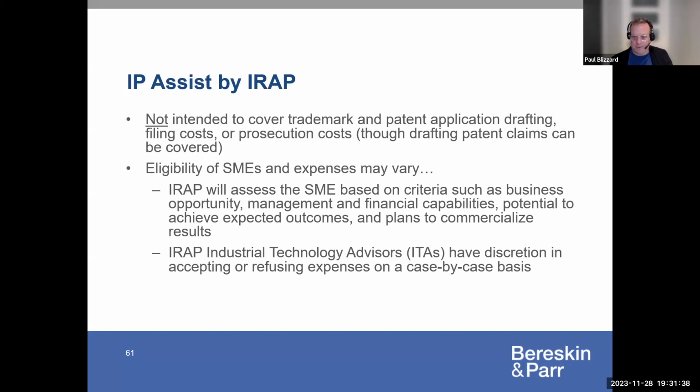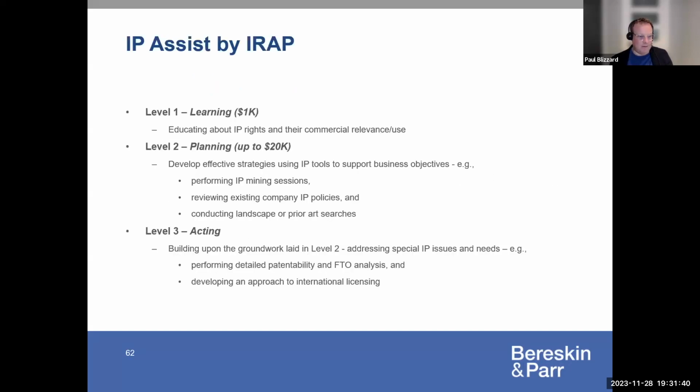There are 3 levels, as I mentioned. I'll leave these in for your reference, but basically you proceed with level 1, where you get a session very much like this session. Level 2 is up to about 20K, and after that, you can get an engagement for level 3 to actually take care of the strategy that you develop in the level 2 engagement.